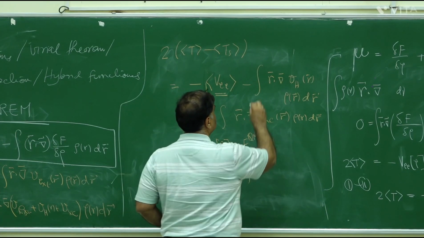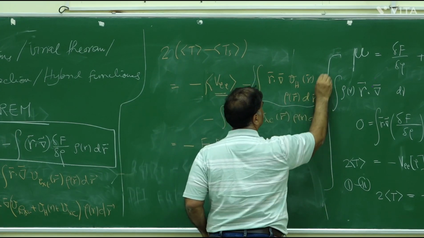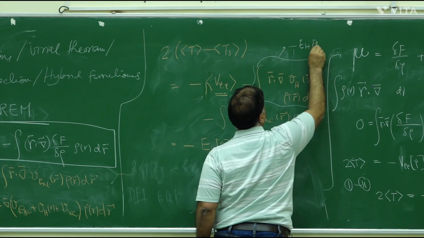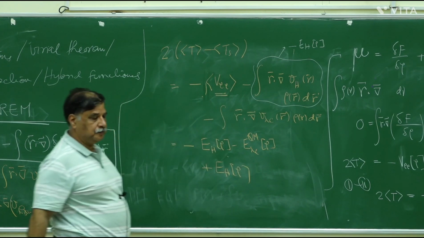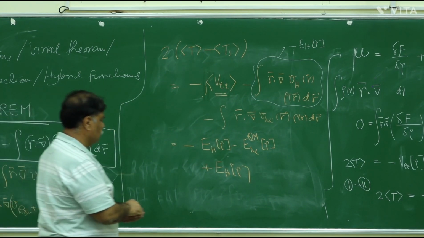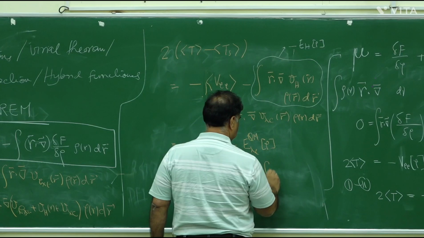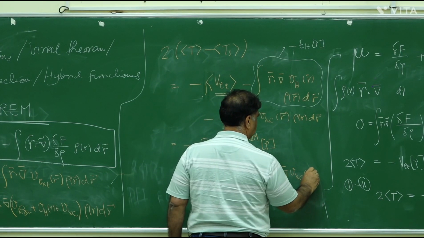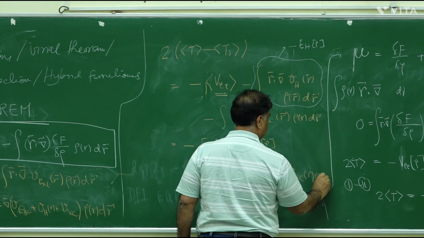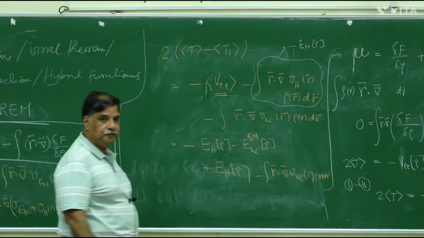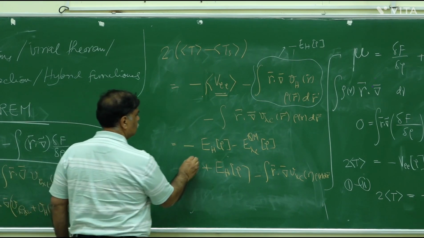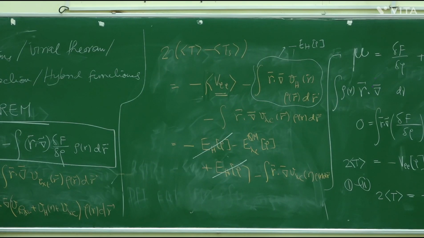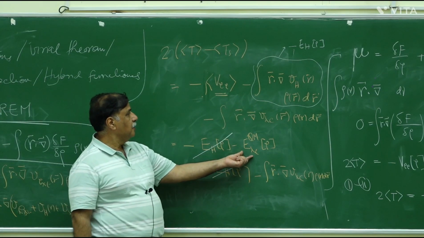So what I'm using is this thing: minus E_H rho minus integral R dot grad V_XC R rho here. This thing cancels.